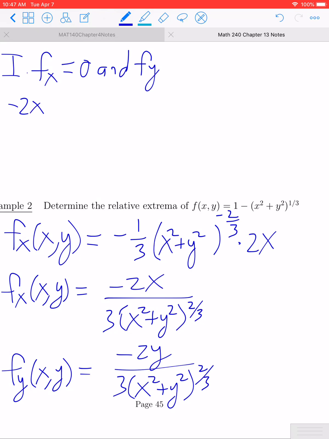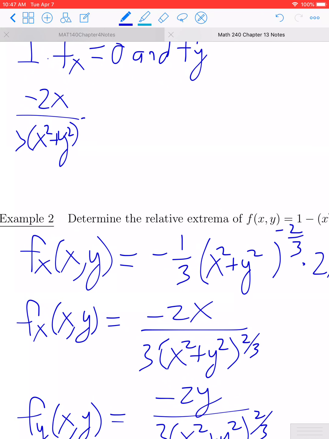We have negative 2x divided by 3 times (x squared plus y squared) raised to the 2/3 power. We want to see where this is equal to 0. It's a classic equation that has fractions in it. Multiply both sides by the denominator to clear the fractions, you would get negative 2x equal to 0, which would produce x equal to 0.